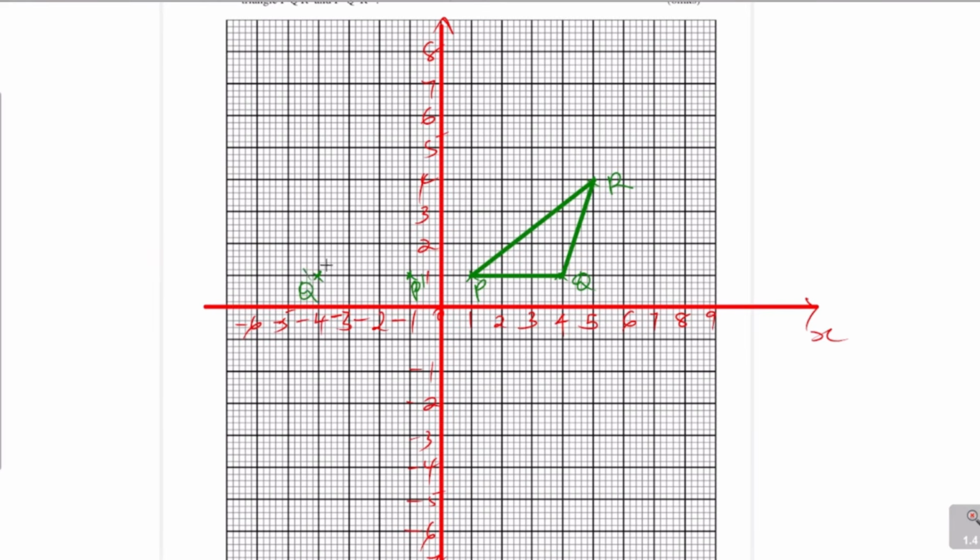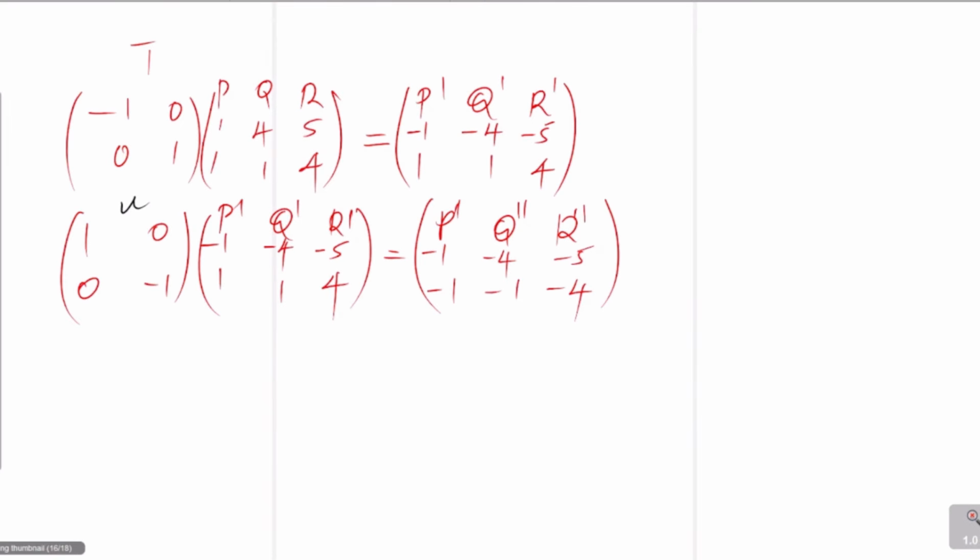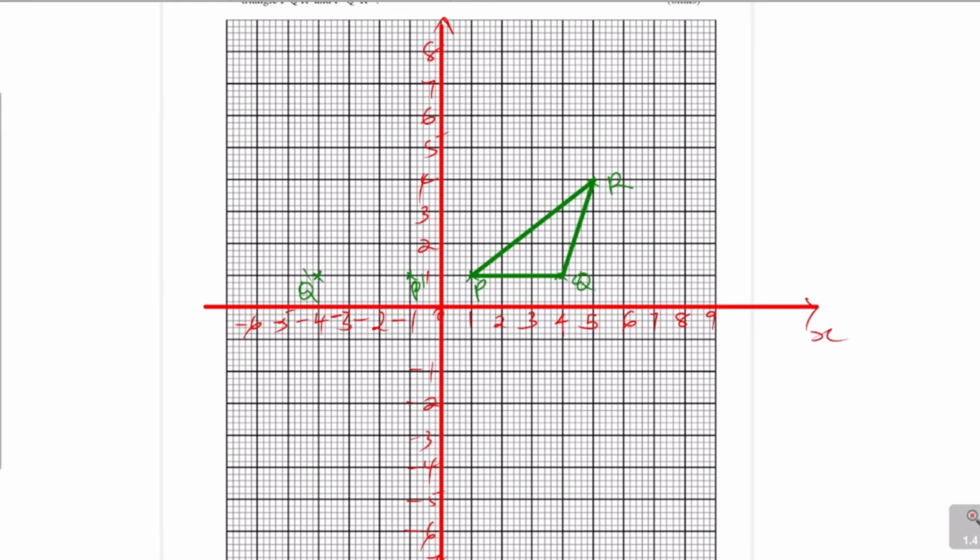That is Q prime. And then you have -5, 4. That is R prime. We join that again. Join these points. Like that.